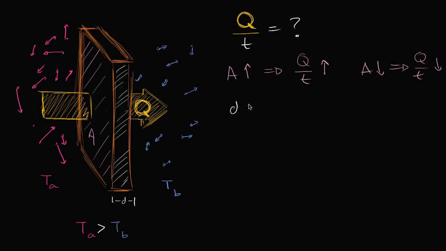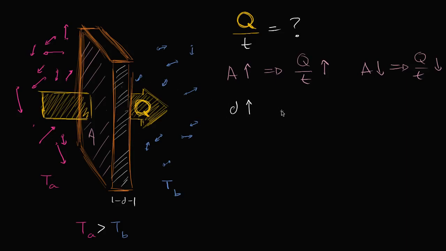If I were to make the thickness larger, if I were to make this a thicker wall, what would that do to my rate of heat transfer? Well, then I would have more things that I would have to heat up to get it to a certain temperature, which then can heat up the particles on the right. And obviously this is a continuous process, it'll always be happening, but there'll just be more stuff to heat up, and it's going to take longer, and more of that average kinetic energy is going to get dissipated in this wall.